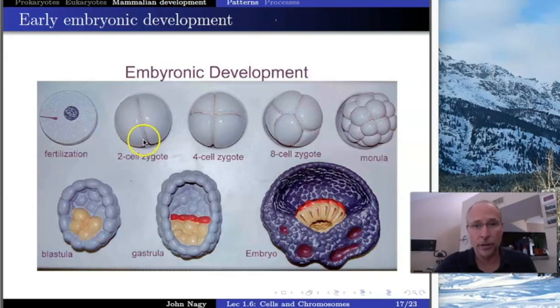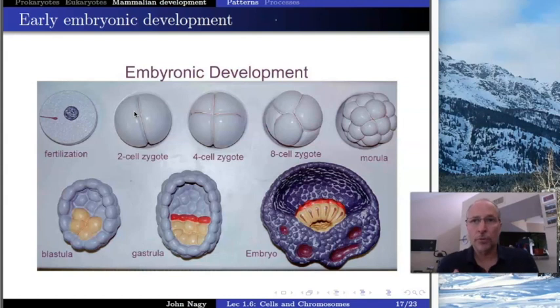So the first cut is like this, and then the second cut is at right angles to that. And then it gets cut again. A third set of cuts is right at right angles to the first two, because remember, we're in three-dimensional space. And each time these divisions occur, the cells don't grow in between. That's what defines the cleavage divisions. We're just cleaving the egg down into pieces.